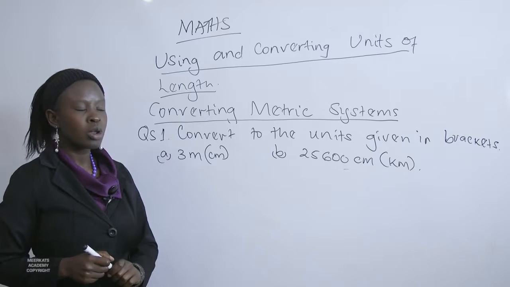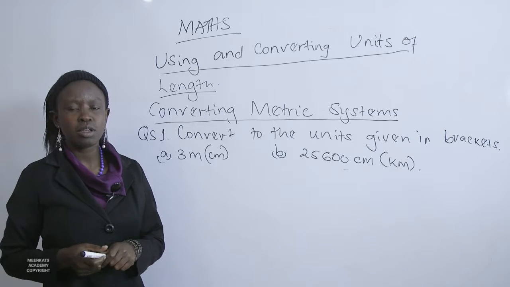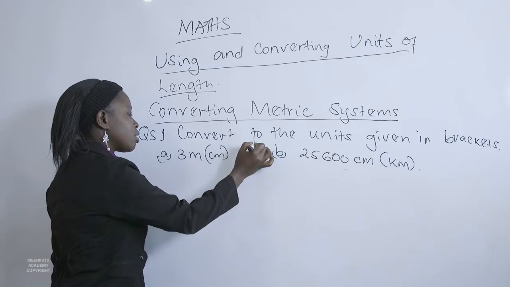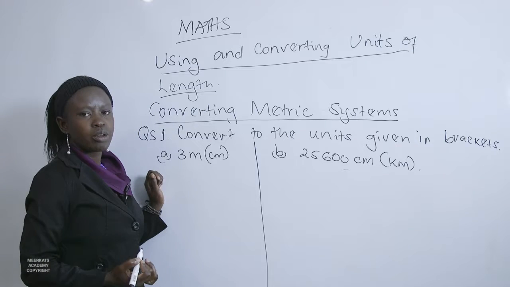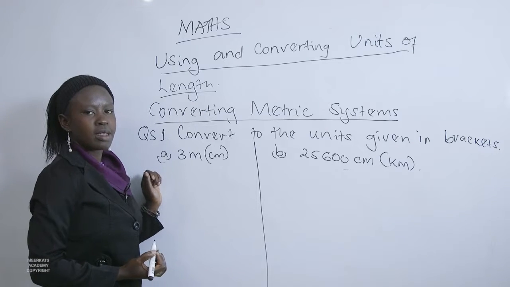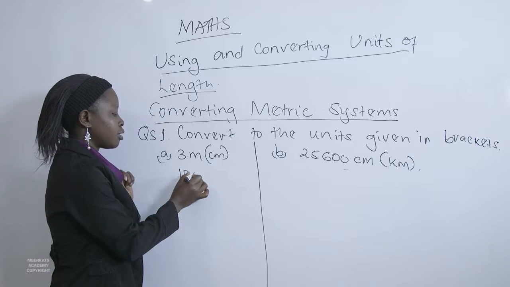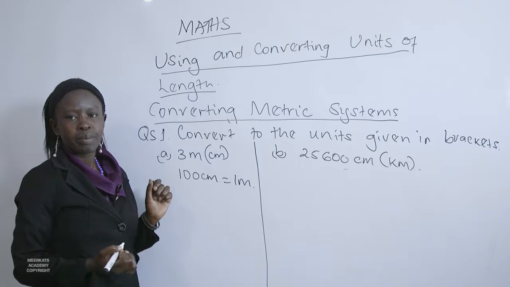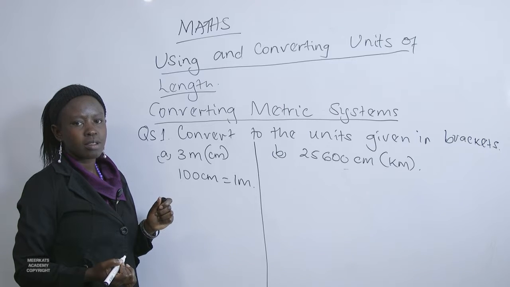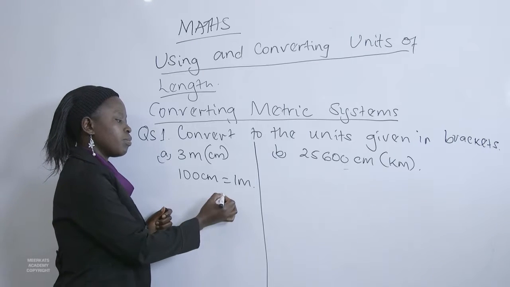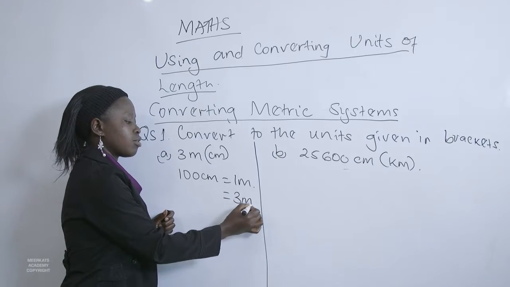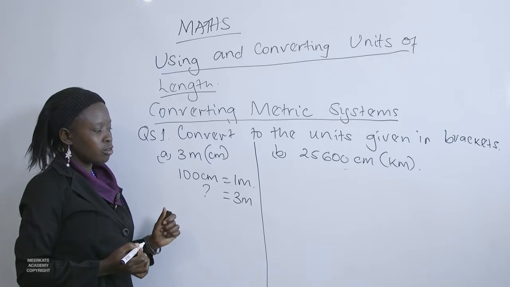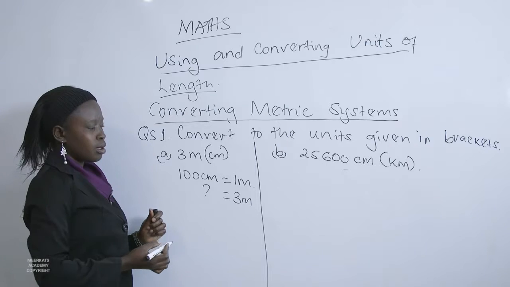So the first question, we have 3 meters. It should be converted to centimeters. So 3 meters to centimeters. What we need to understand is that 100 centimeters make up 1 meter. 100 centimeters is equal to 1 meter. But I have 3 meters. So how many centimeters will make up the 3 meters?